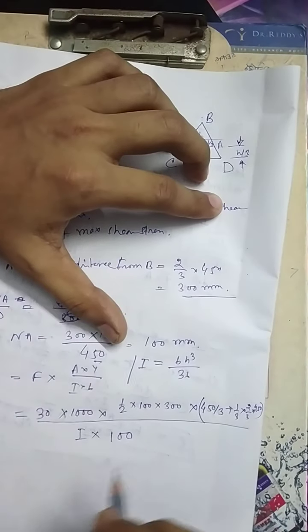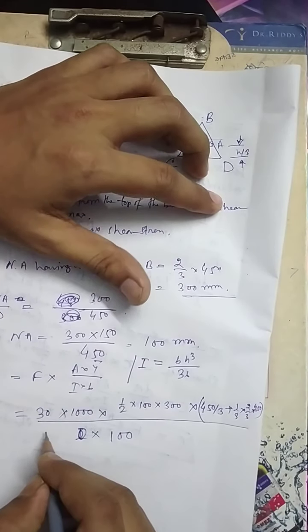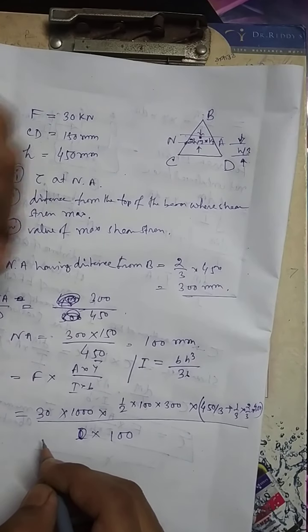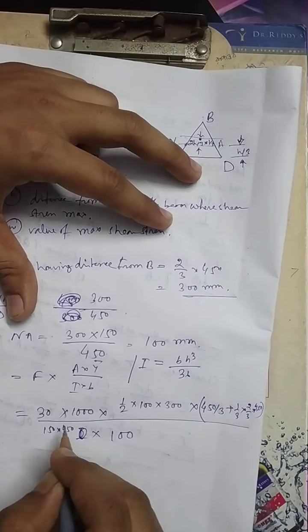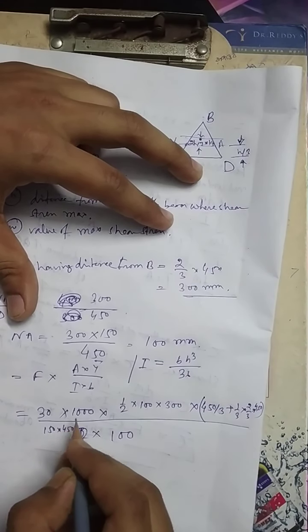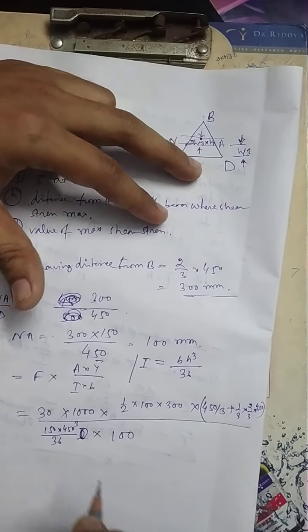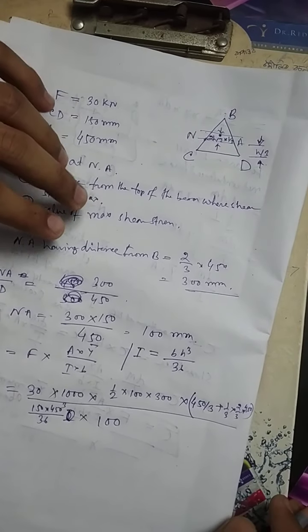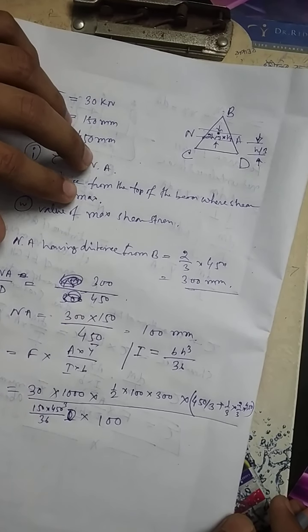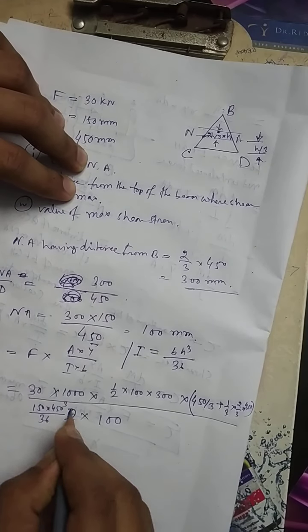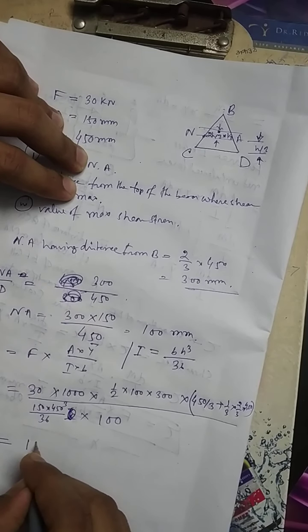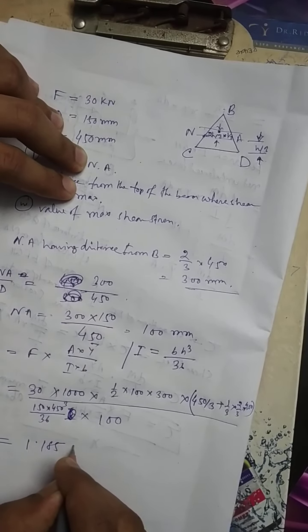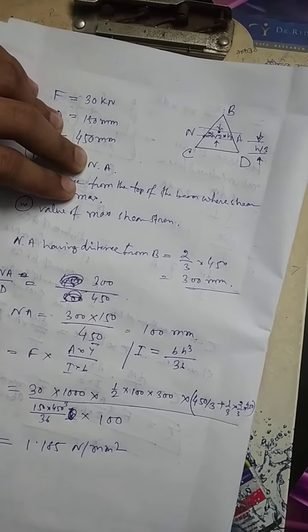So here we can write B is the base, so it will be 150 into 450 cube by 36. Okay. So if I put the values here, you will get 1.8185 Newton per mm square.